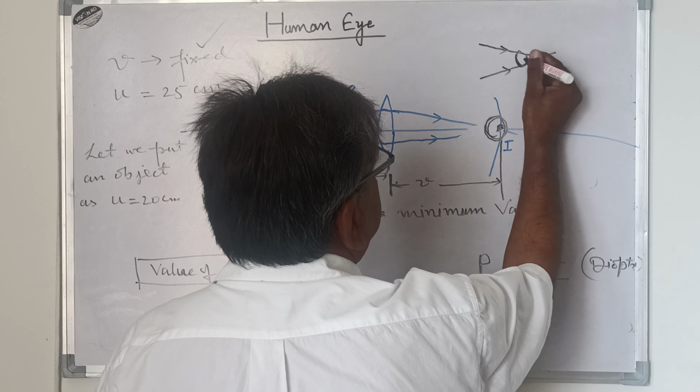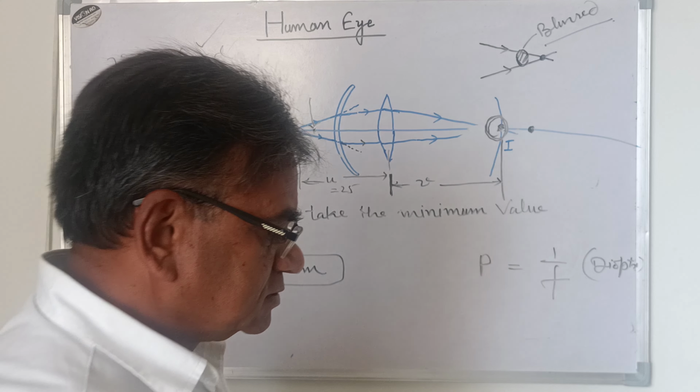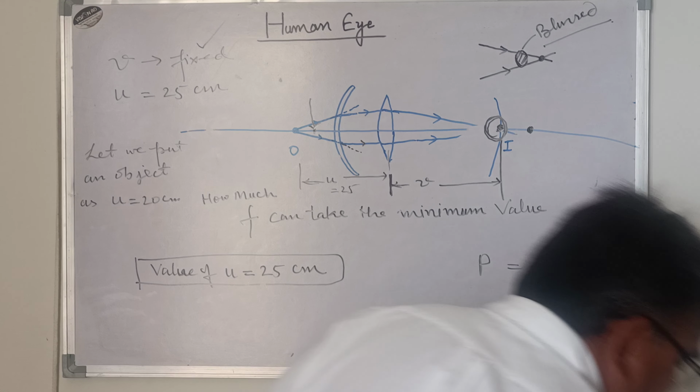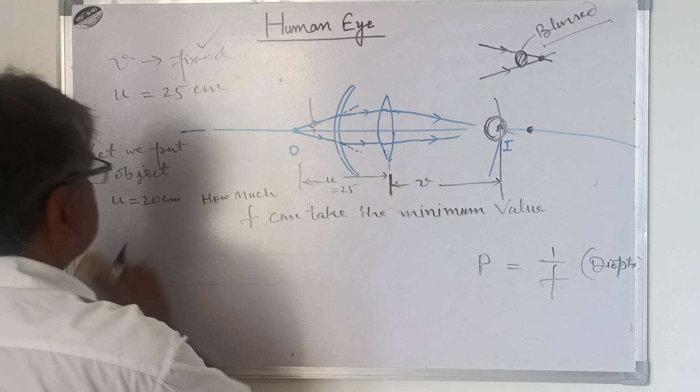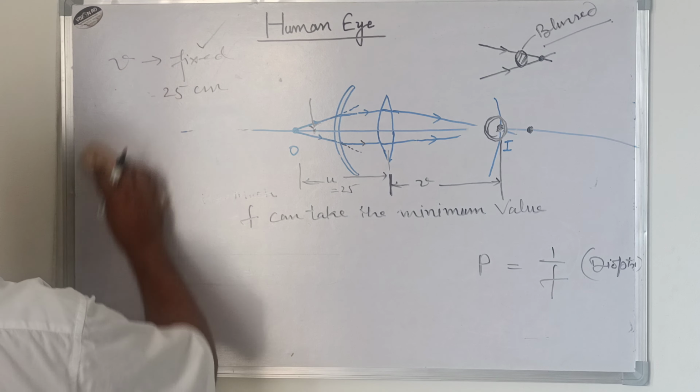This is a blurred image. So if you reduce the value of u beyond 25 centimeter, the lens cannot further reduce its focal length. So this is called the limit of accommodation.